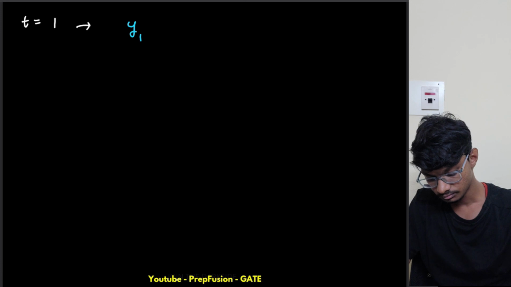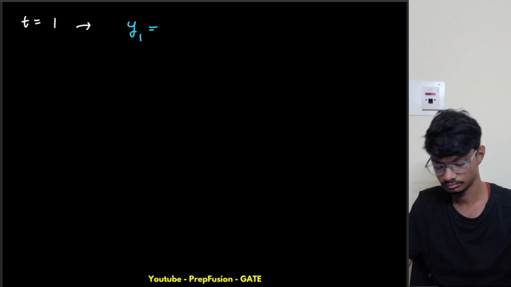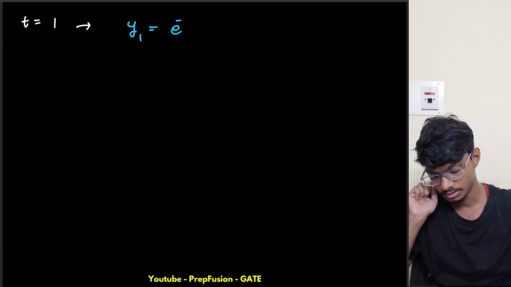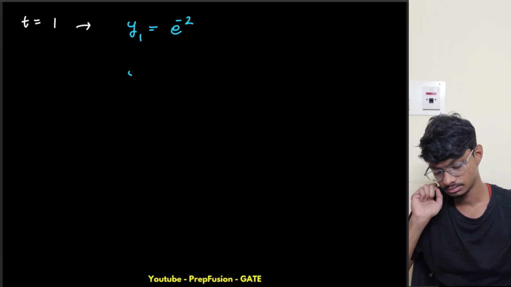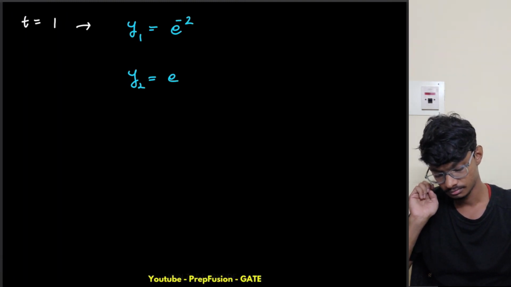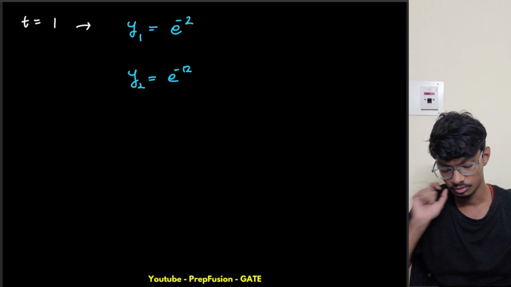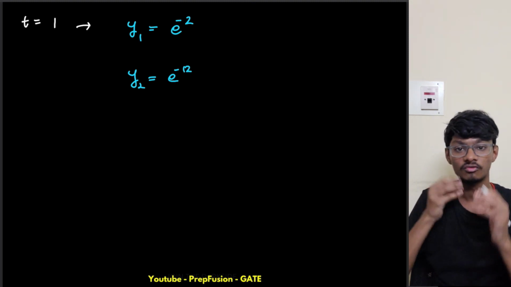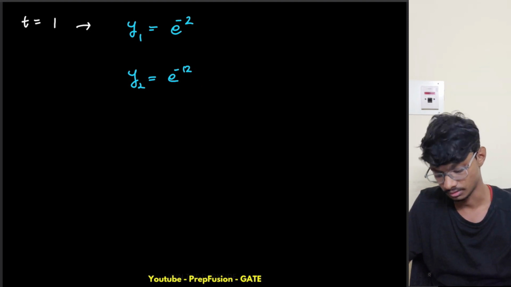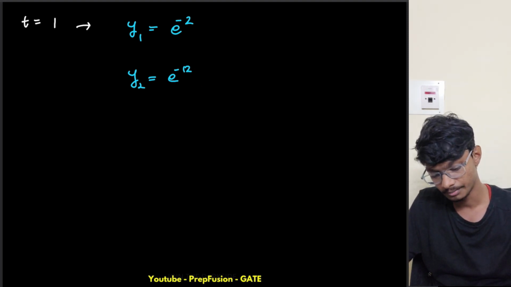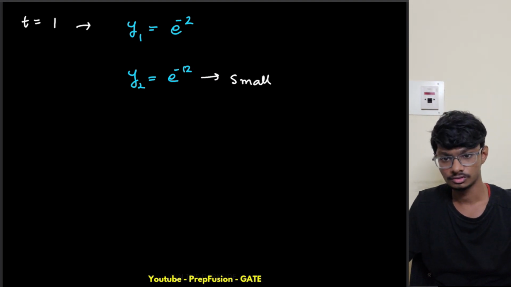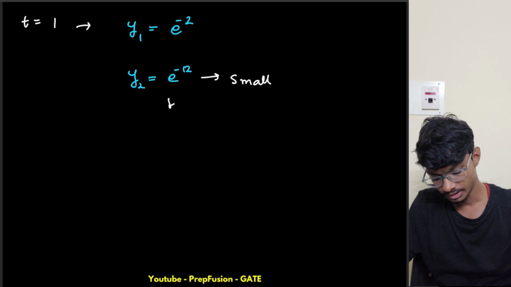So y1 equals, at t equals 1, e raised to power minus 2, and y2 equals e raised to power minus 12. So both of them, what do you notice here? This is e raised to power minus 12, which is very small, very small compared to this. So we can ignore this term.